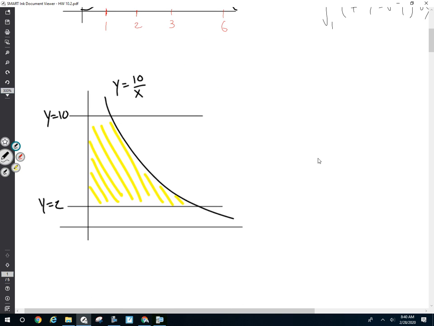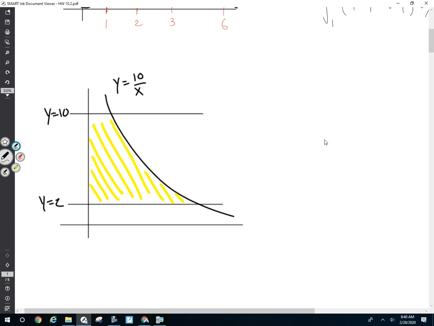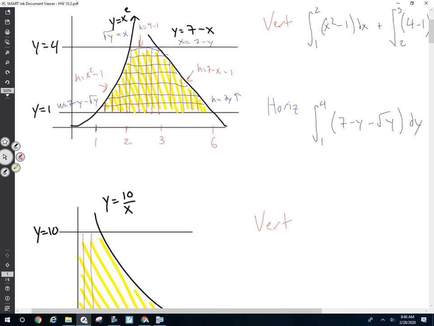All right. Let's look at this situation. Let's start with vertical. So I notice if I start from the left going to the right to ensure my widths are positive, and I forgot to write that up there, I think that the widths are dx. To ensure my widths are positive, I need to be going from left to right.